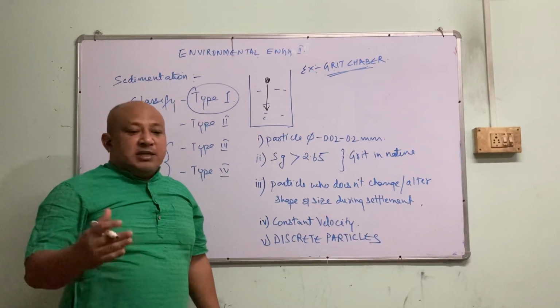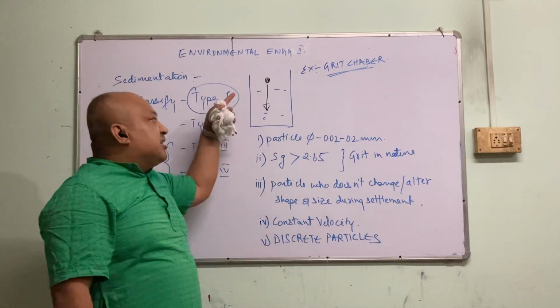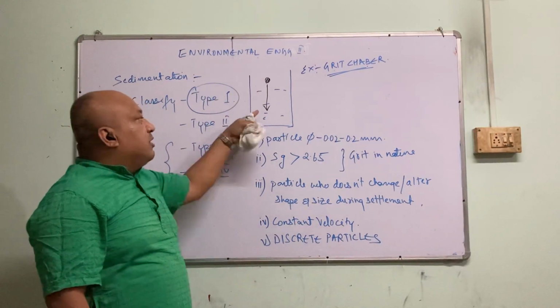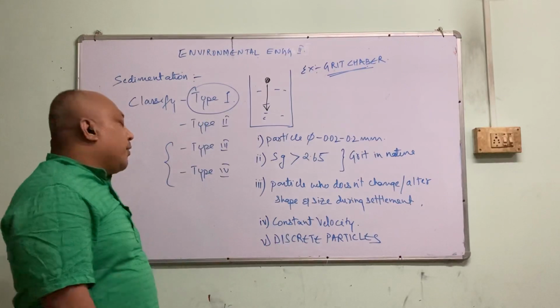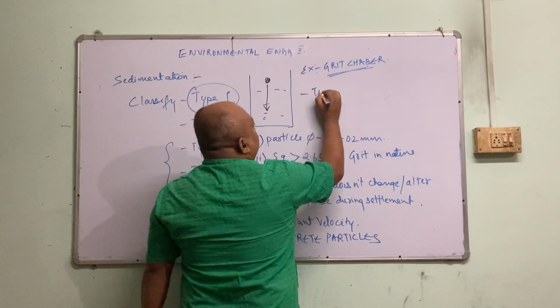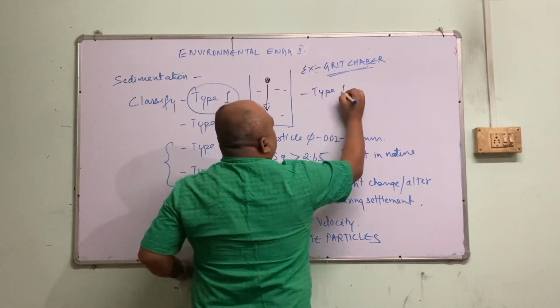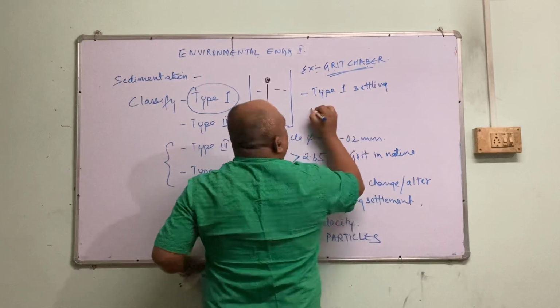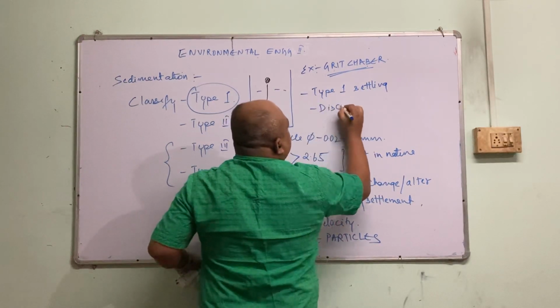Hydraulic retention time, I'll explain afterwards. But let me explain how to find the settling velocity of these particles, so that by knowing the velocity, we can design the area. And this type of settling is called type 1 settling, or we call it discrete settling.